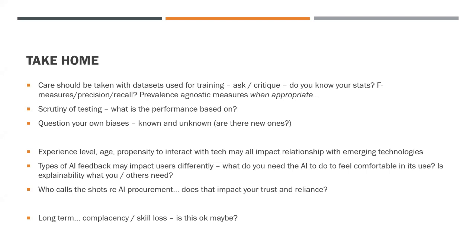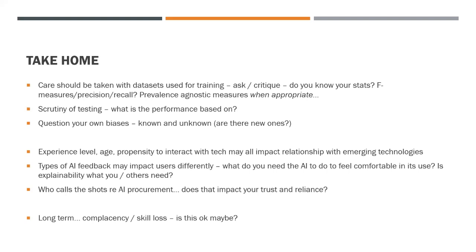Do you know what dissimilarity coefficient is? Do you know what precision and recall are? If a paper tells you about a precision recall curve, you're going to know how that's different from a ROC curve, for instance. These are mostly prevalence agnostic measures. Is it maybe appropriate in some cases that a prevalence agnostic measure is not used? So know when those are appropriate.